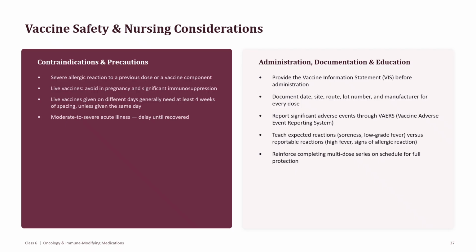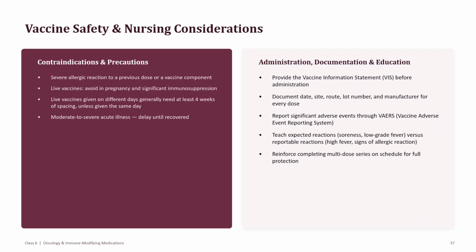If there's ever a recall or an adverse event, we can track it all the way back. We know the lot number and the manufacturer. We know the date it was administered. We know the site it was administered in. So documenting that information and then having the patient hold on to that information is important documentation to keep track of.